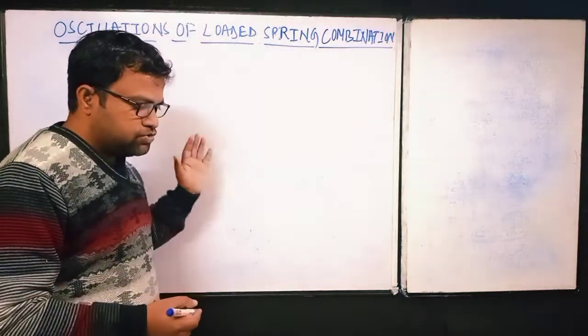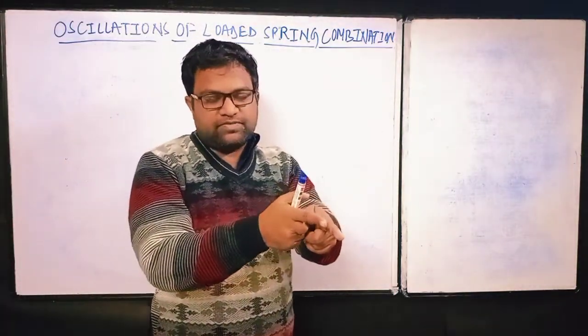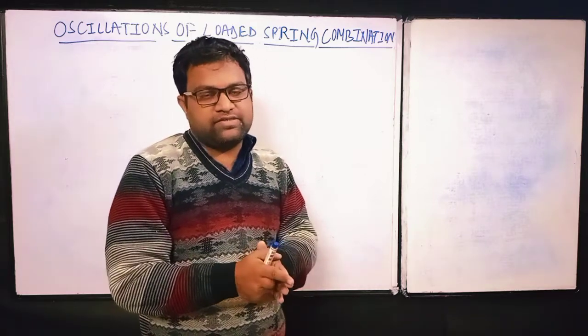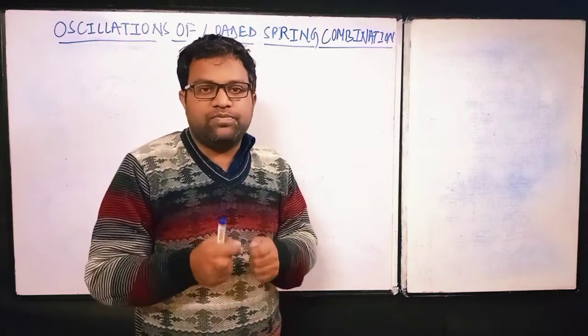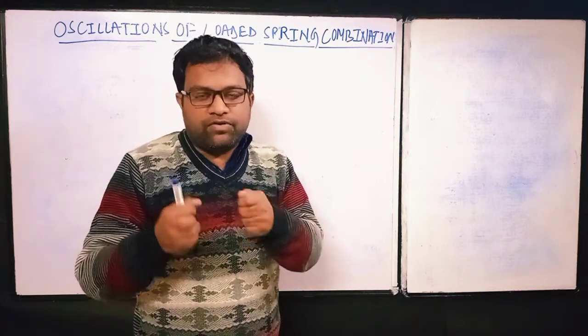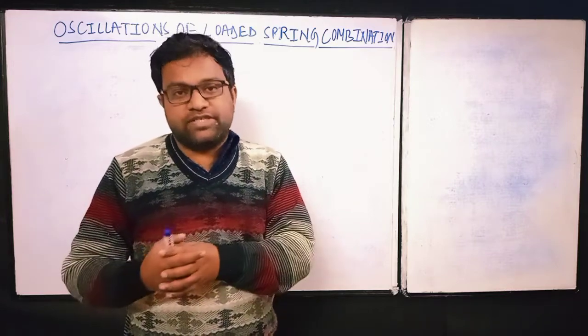After we see that, we will discuss that if two springs are connected in parallel or series end to end, then what will be their time period, or what will be their net or combined spring strength.